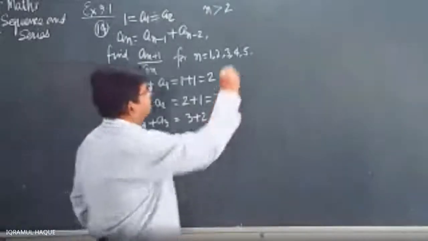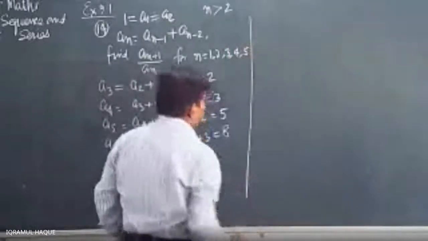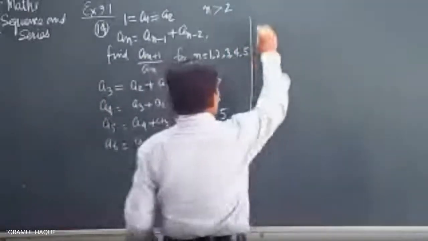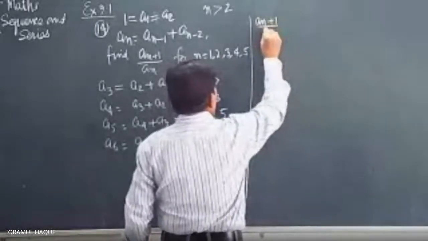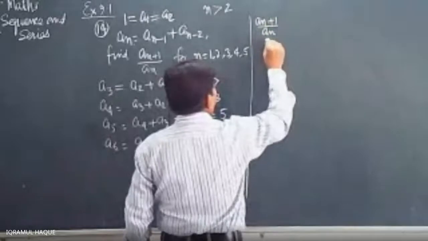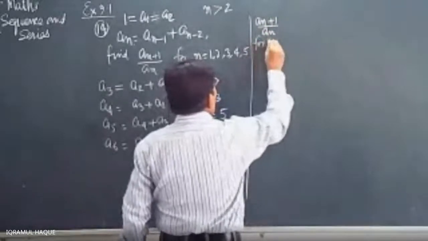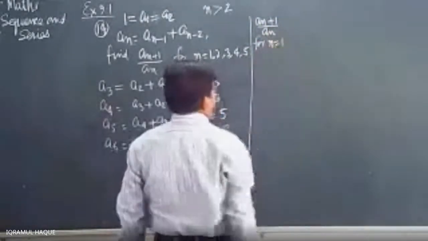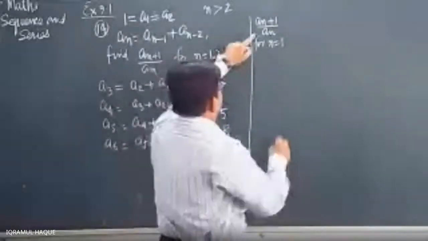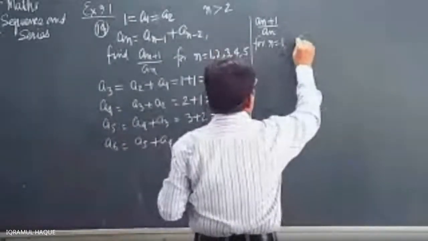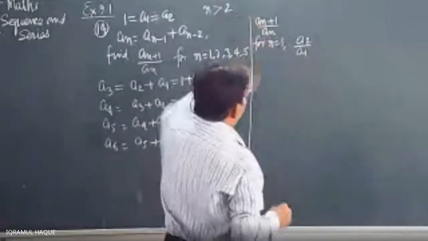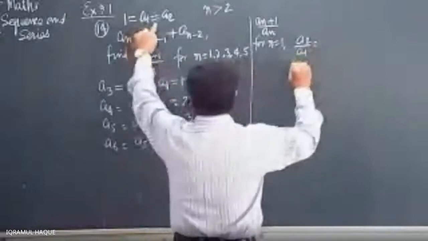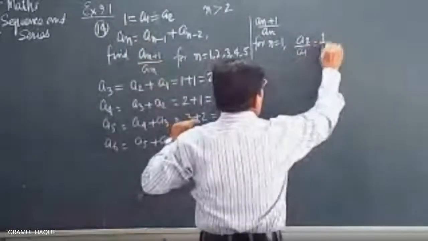Now we are coming to find the value of A(n+1) upon An. For n is equal to 1, this becomes A2 upon A1. In place of n we write 1. A2 is 1 and A1 is 1, so 1 upon 1 is 1.